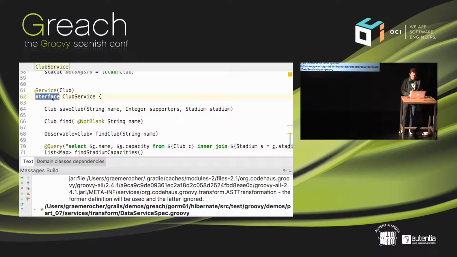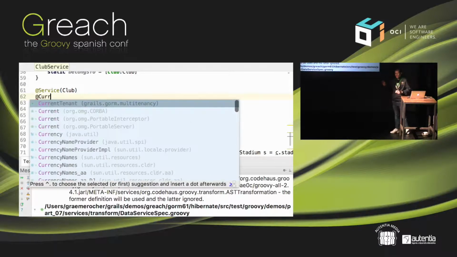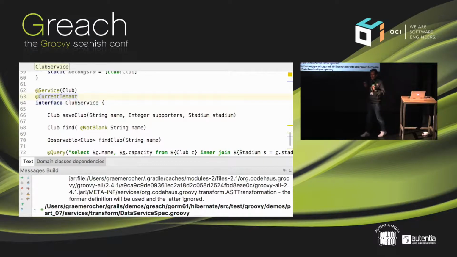It's extremely powerful. And the other thing you can do is it integrates amazingly with multi-tenancy. So I can say @CurrentTenant on this service, and every single method will validate that there's a current tenant present. And if you're using database per tenant or schema per tenant, it'll resolve the current tenant and apply the operation only to the current tenant.